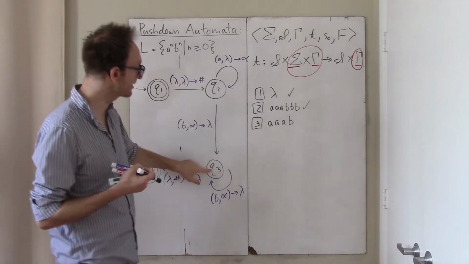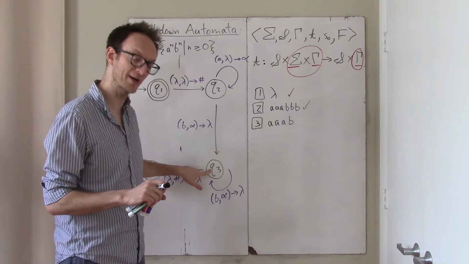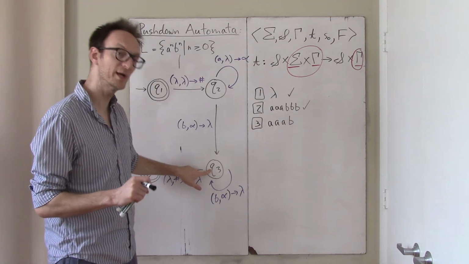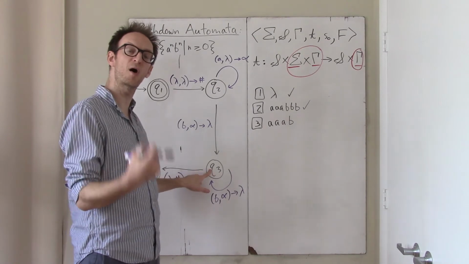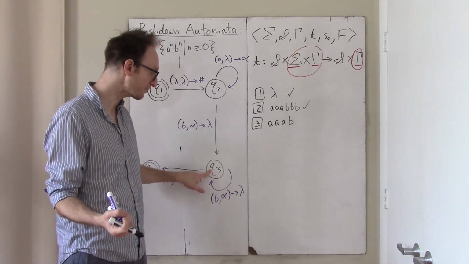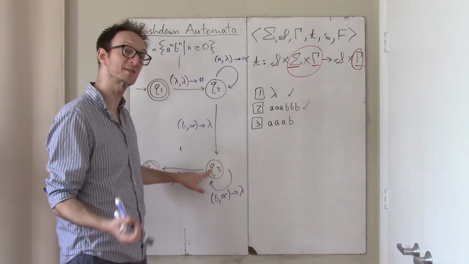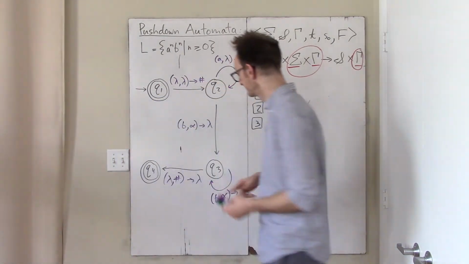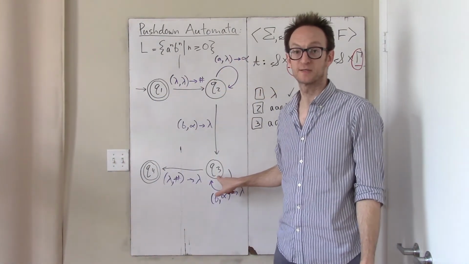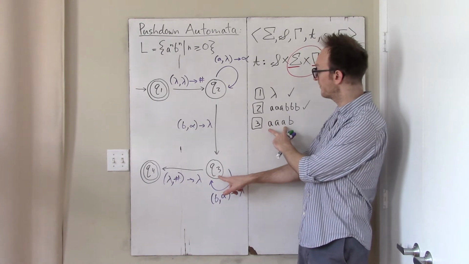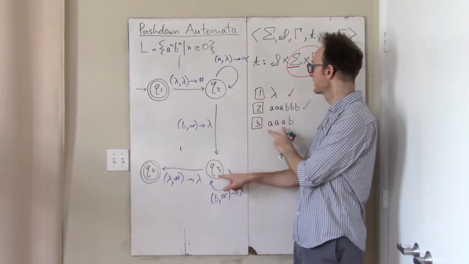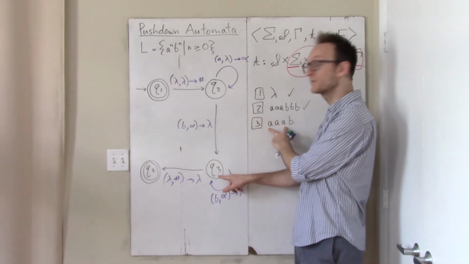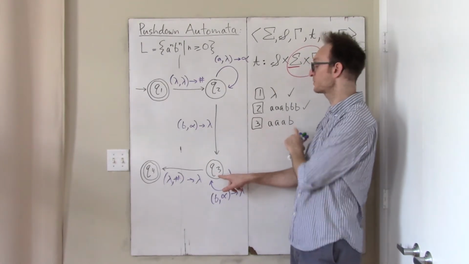So now we are in state Q3. We have finished processing all of our input string, and what's left on the stack is 2 alphas, because we pushed 3 alphas onto the stack, but we only popped 1 of those alphas off.